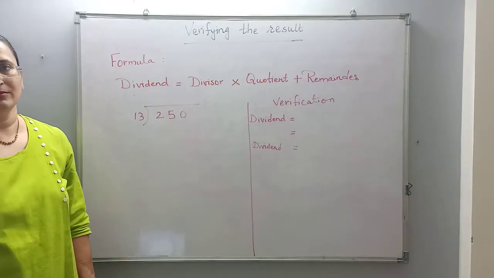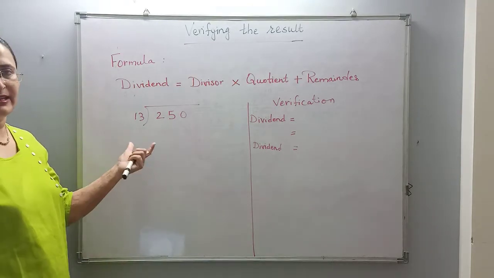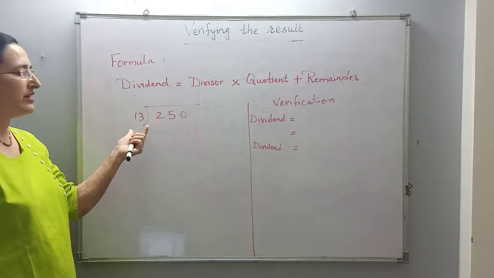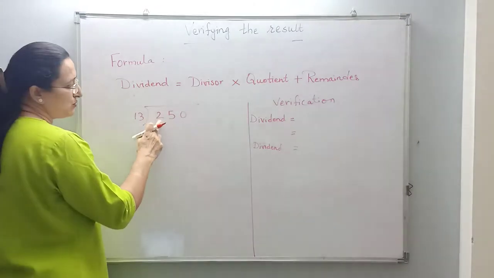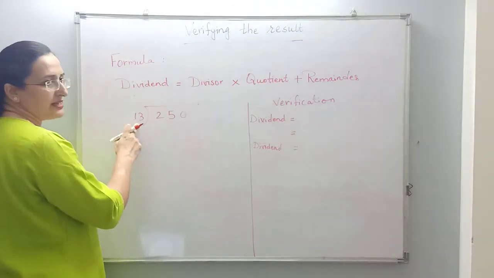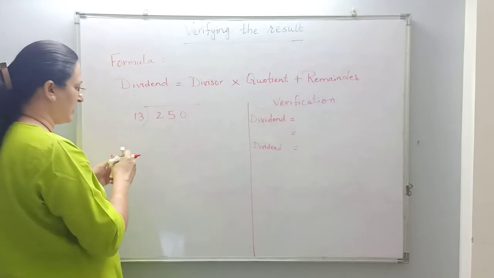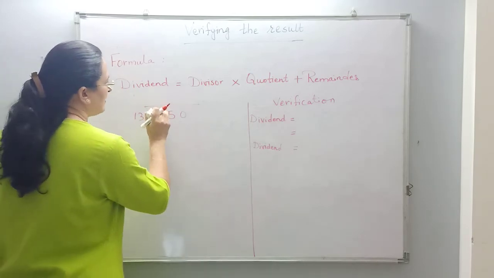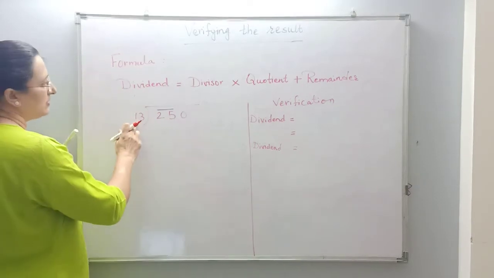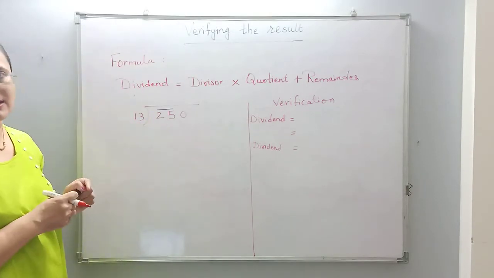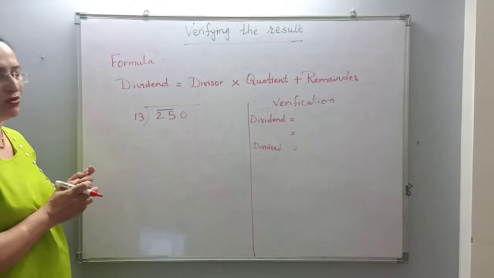Okay. Let us see the second example. That is 250 divided by 13. Now again see, number 2 is smaller than 13. We need a partner. So we are going to divide 25 first. So 13 twos are 26. We cannot go for it.